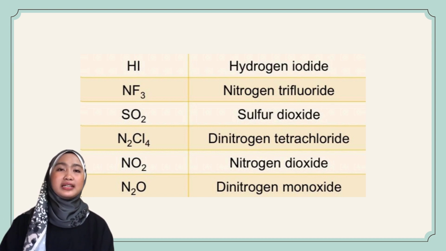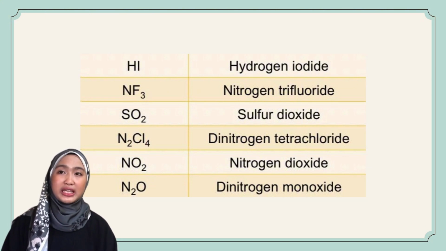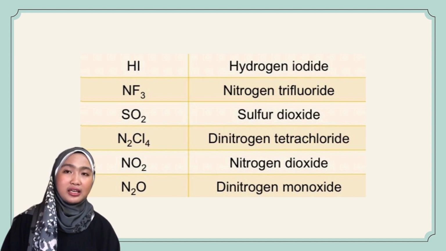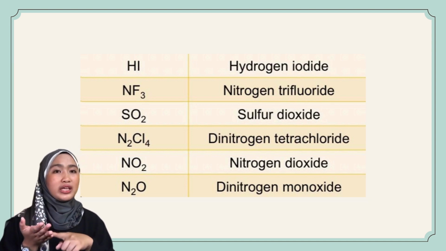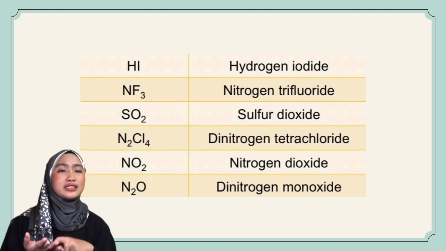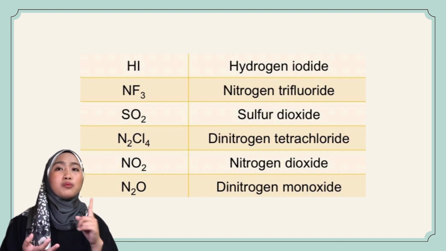The number prefix is at the element, like N2O. The 2 over there is not for the O, it's for the N. So 2 is di, and N is nitrogen, so dinitrogen monoxide.